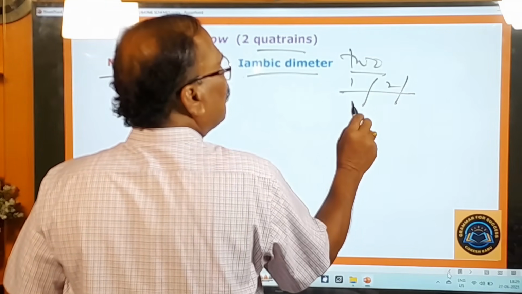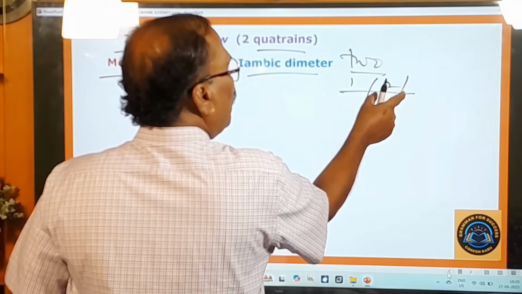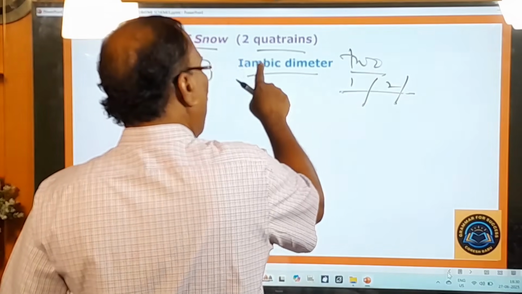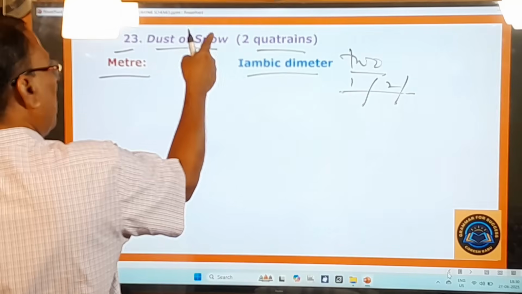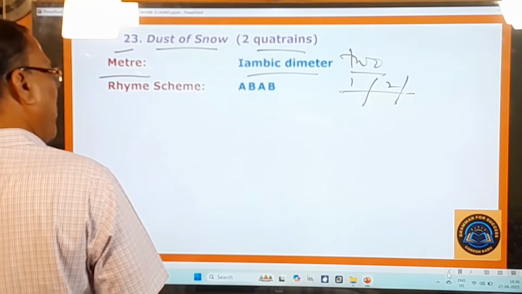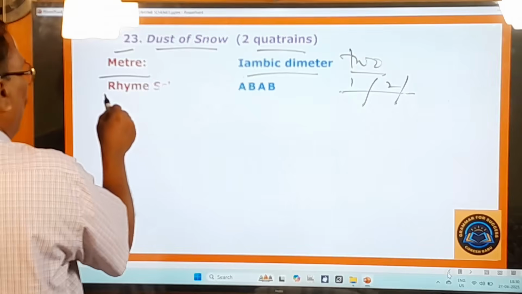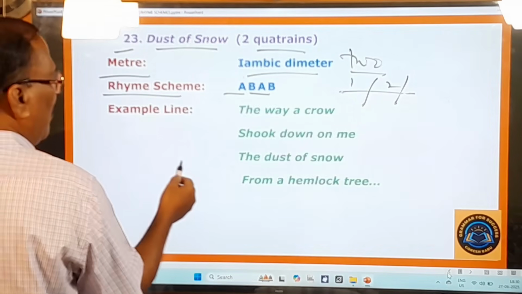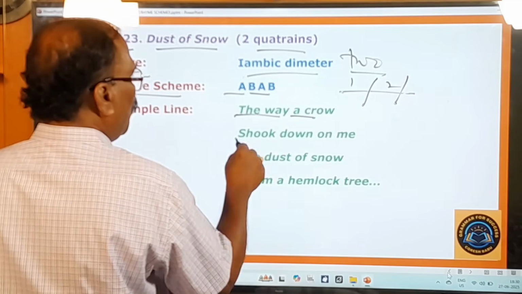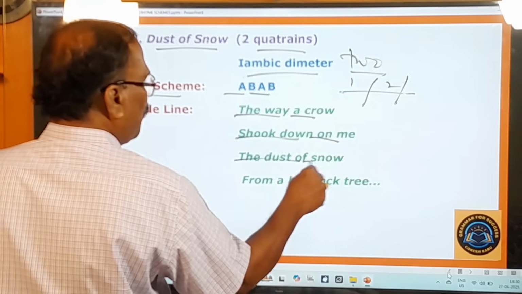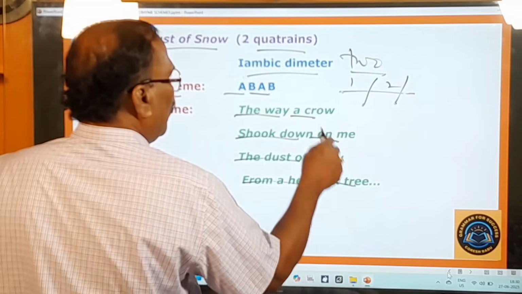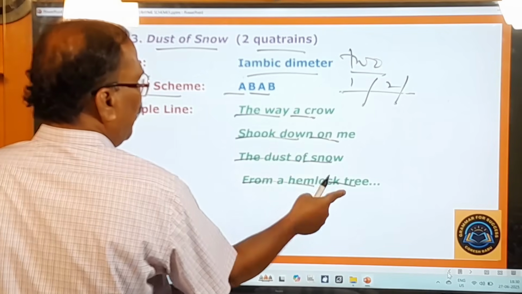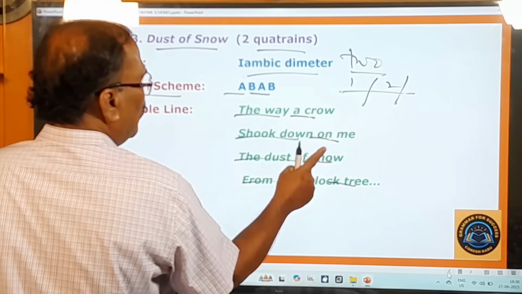When there are 2 iambic feet in a line, that is called iambic dimeter. So in this poem, you can find iambic dimeter, and the rhyming scheme is ABAB. Here one example is given: The way a crow shook down on me the dust of snow from a hemlock tree. So crow, me, snow, tree: ABAB.